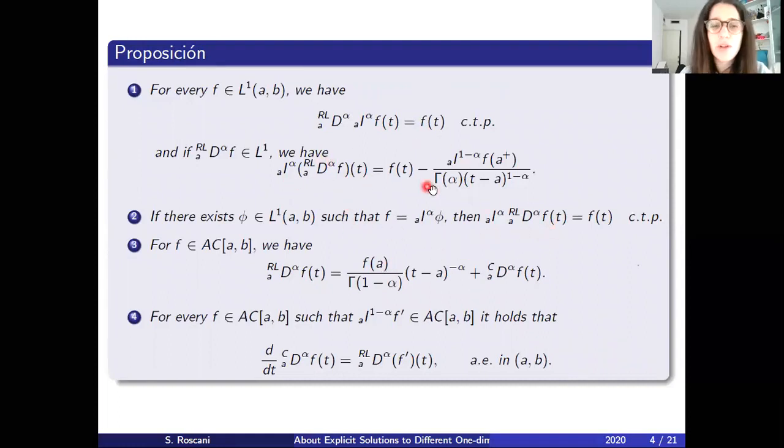I will take these things into account when we look for explicit solutions. Also, the relation between the Caputo derivative and the Riemann-Liouville derivative, when the Riemann-Liouville is applied to the classical derivative of the function, or the derivative in the Lebesgue sense, because it is absolutely continuous.